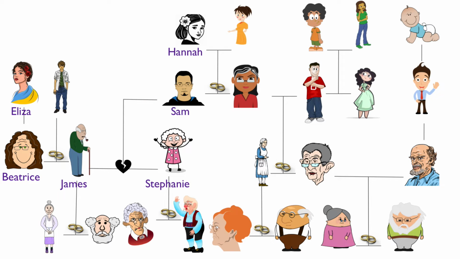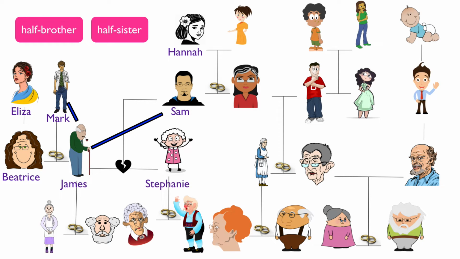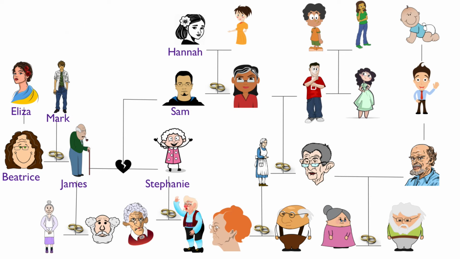Beatrice and James decided to have another child, who is called Mark. Now, Sam and Mark have one parent in common, James. When there is one parent in common, this would be then half-brother or half-sister. Mark has recently decided to be christened, to have a baptism, and this generally requires godparents to be picked.